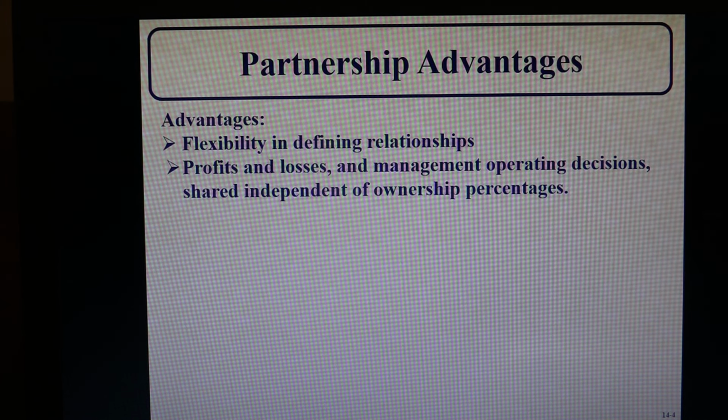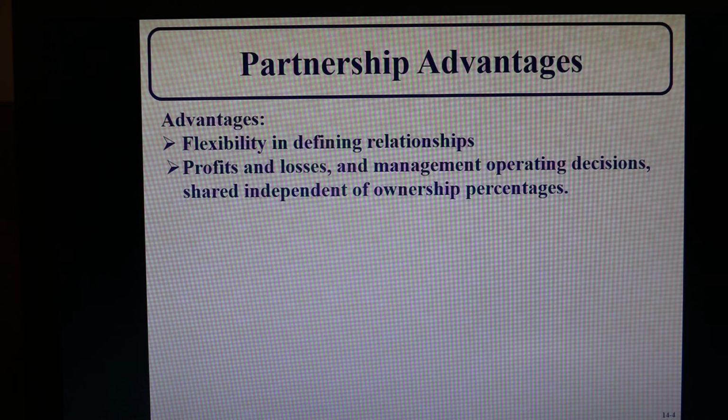So you could have someone who owns a pretty large percentage of the partnership, and if you have other partners who are active, they may own less ownership in the business, but if the parties agree, the partners who operate the business can share a larger amount in profits and losses.